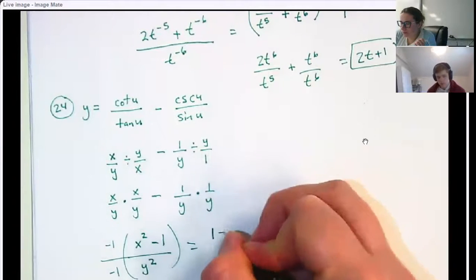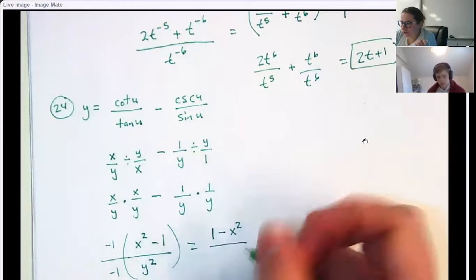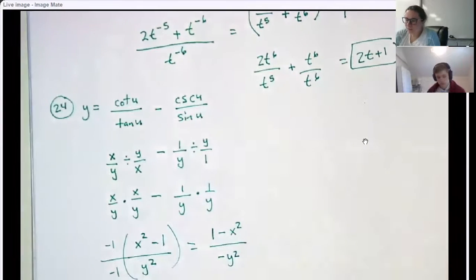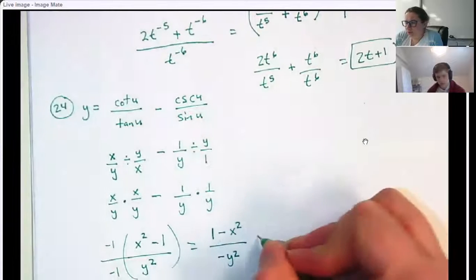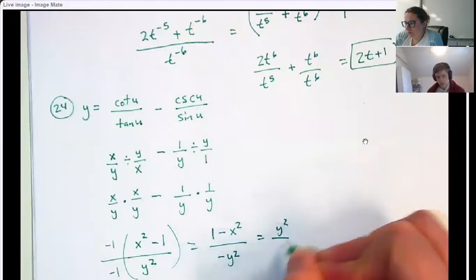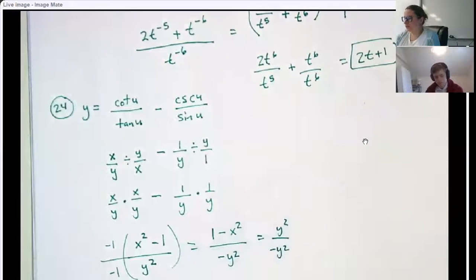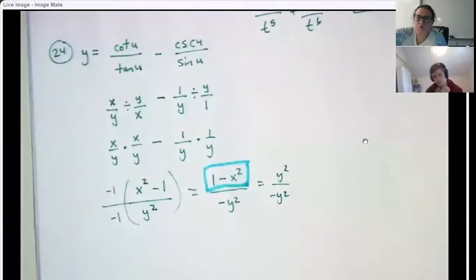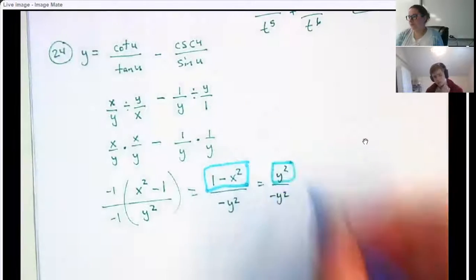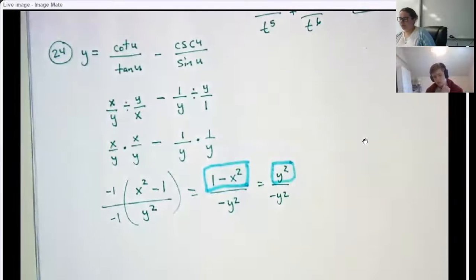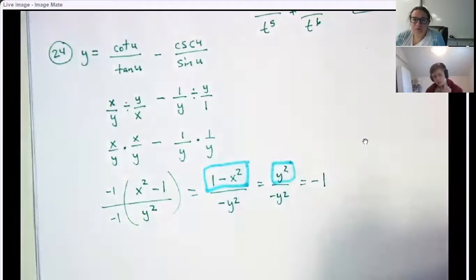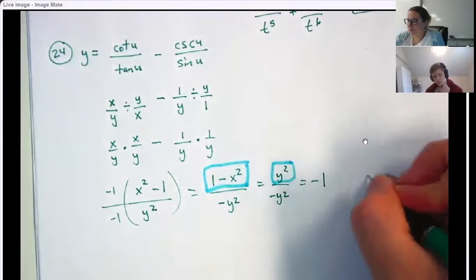So now we've got 1 minus x squared over -y squared. And 1 minus x squared is just what? Y squared, right? Because of that rule. So right here, if Emily's watching this afterwards, that's where we use the rule. And then that's just -1, right? And the derivative of -1 is 0.